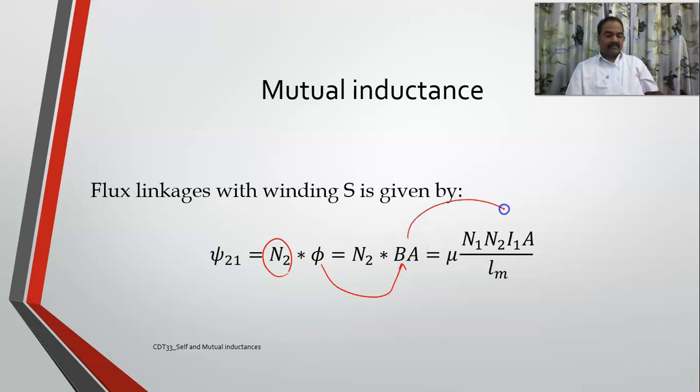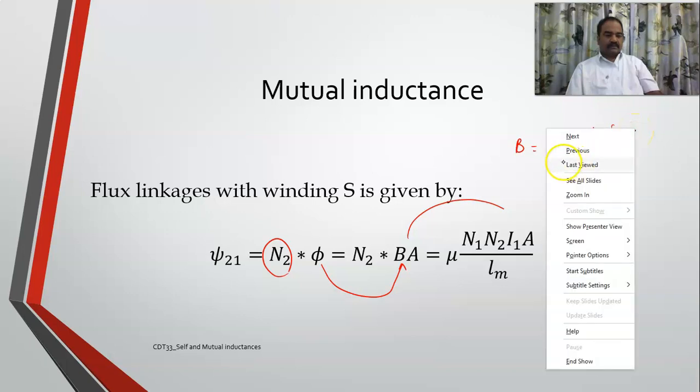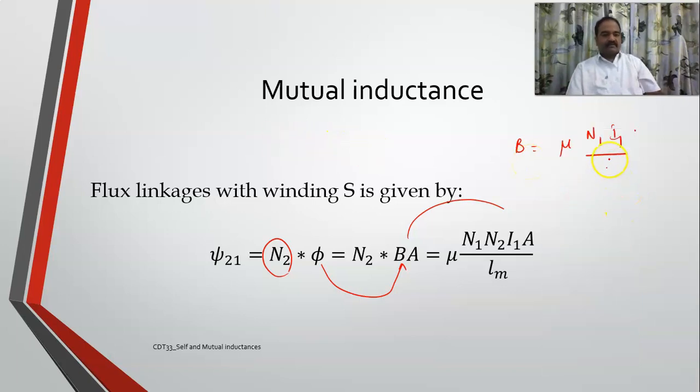B is again dependent on mu N1 I1 by Lm. So flux is nothing but BA, and phi 2 1 is equal to N2 into BA.